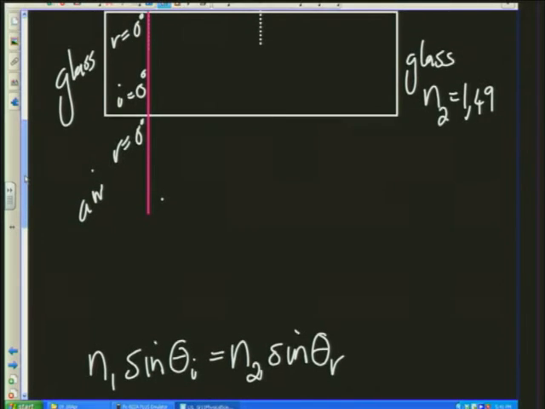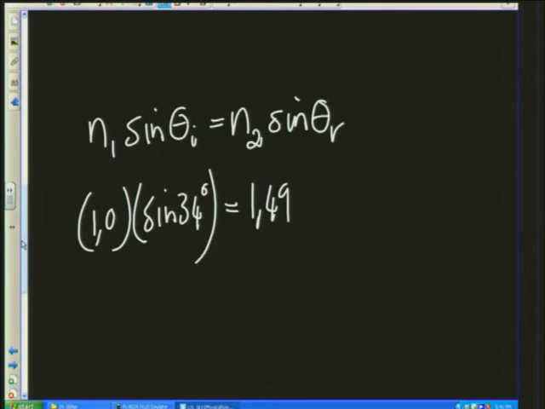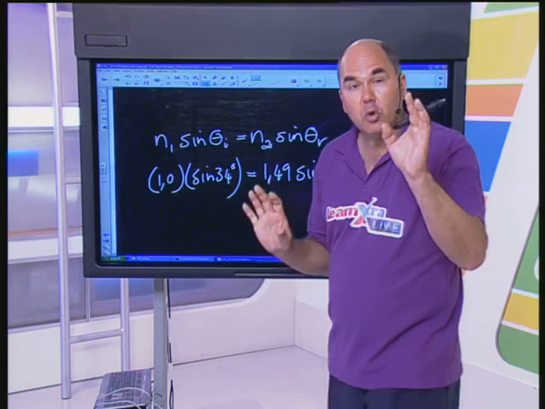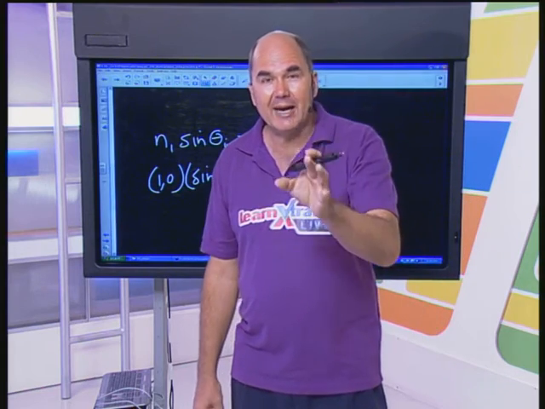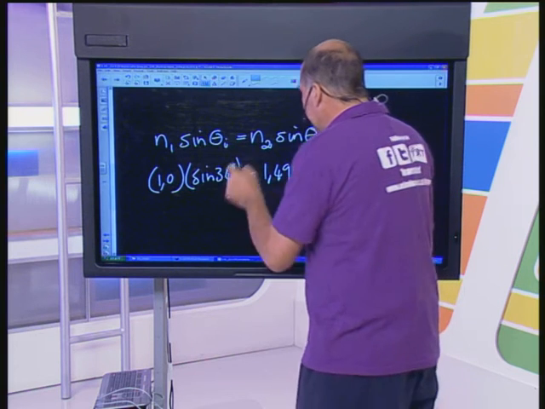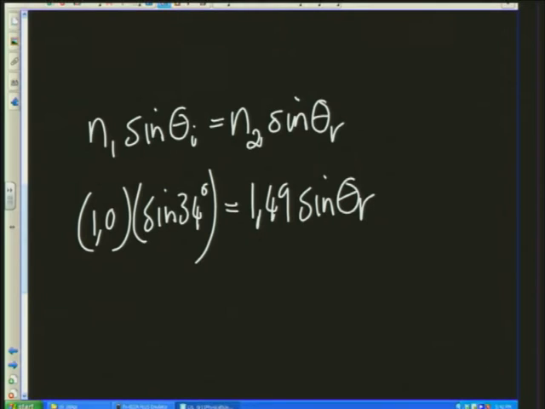I did write it down there. 1,49, correct, is equal to sine of the angle of refraction. So once I've substituted in, now I can work out what the angle is. And I want to work out so I can draw the angle into my diagram and label it properly. So let's do that. And let's make sure that we've got it correct.